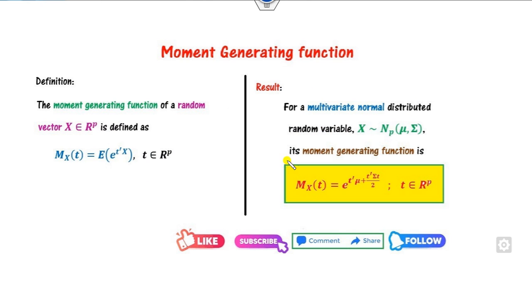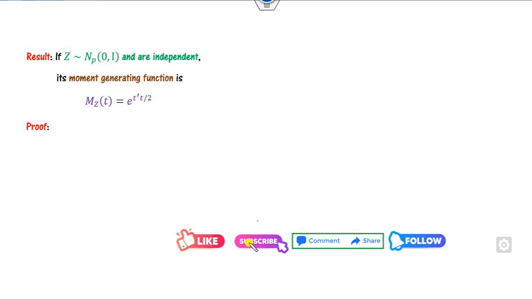Now based on this definition, your target is to compute the moment generating function of this multivariate normal distribution. And our target is to prove this result. It's a very simple result. I will explain it, but before that, let me quickly explain the concept of this result.